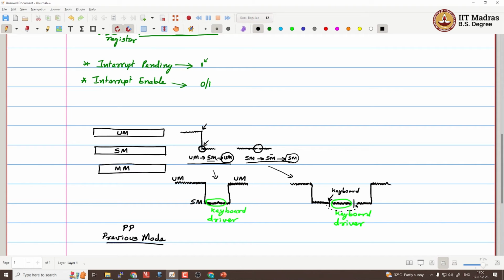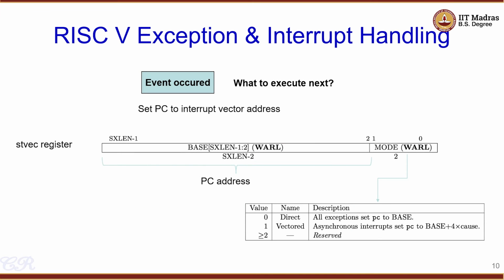Okay. So, in order to do this, the RISC-V processor has another register known as the Stvec register.